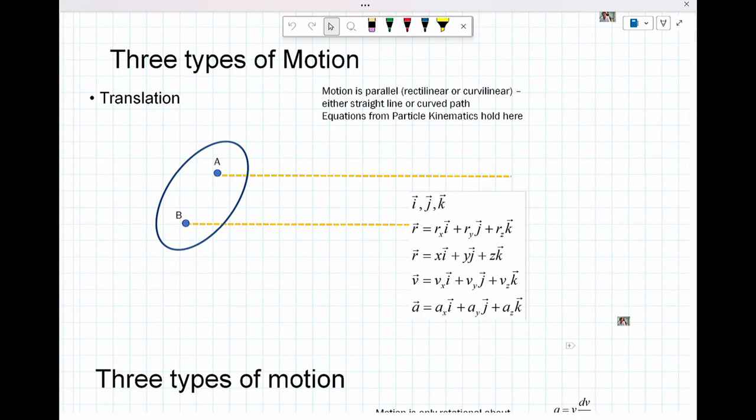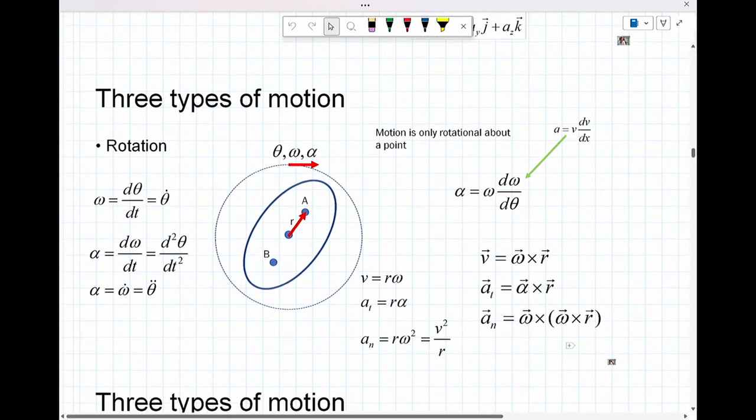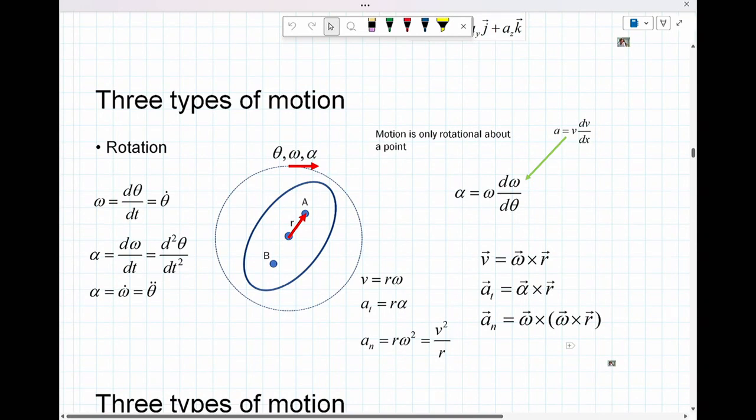You have position, velocity, and acceleration: rx, ry, rz, Vx, Vy, Ax, Ay. Honestly, we never really do anything in the third component, except for the rotation. And with rotation, one of the things that's still kind of hard, and people are trying to wrap their head around again, is what's the difference with angular motion versus translational linear motion?